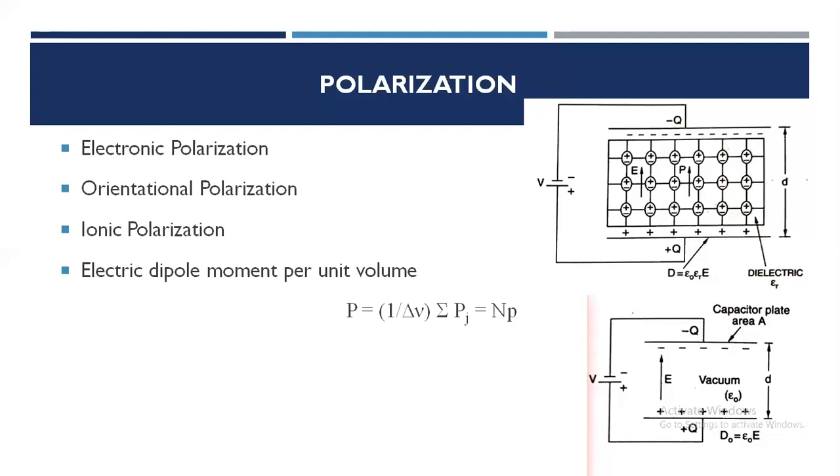It is found that for many dielectric materials, the polarization vector is related to the electric field capital E in a simple manner, and it can be given by capital P equals epsilon 0 into chi E into capital E, where epsilon 0 is the permittivity of vacuum or free air, and chi E is a dimensionless parameter known as electric susceptibility.